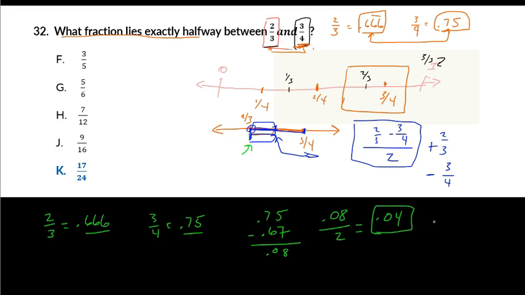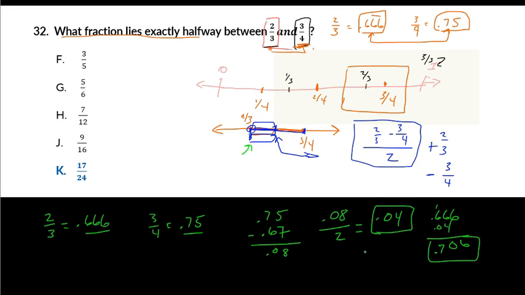So we would add 0.04 to 0.666 plus 0.04. So that would be 0.706. But what is that in a fraction?